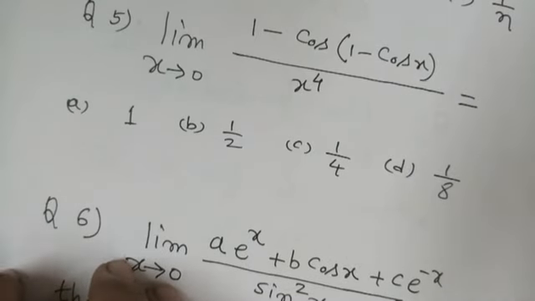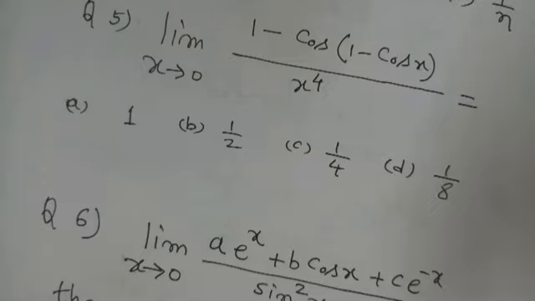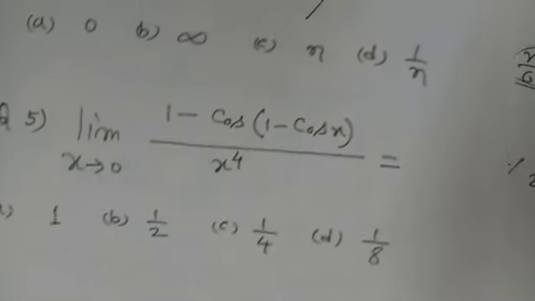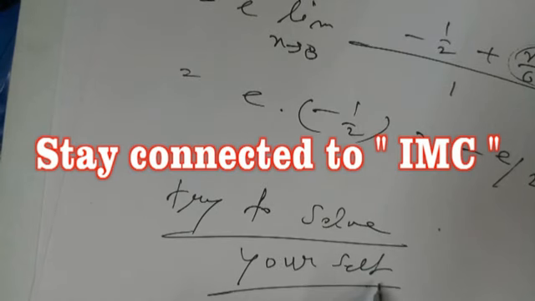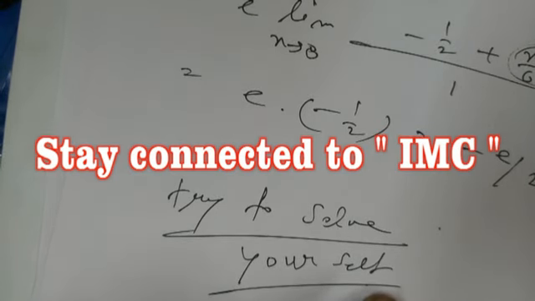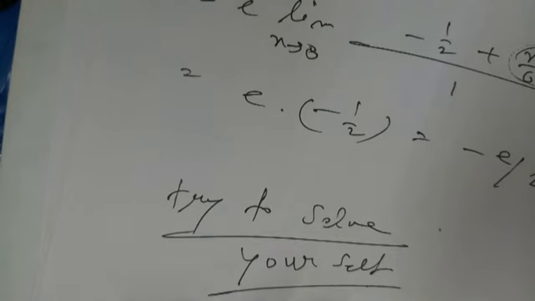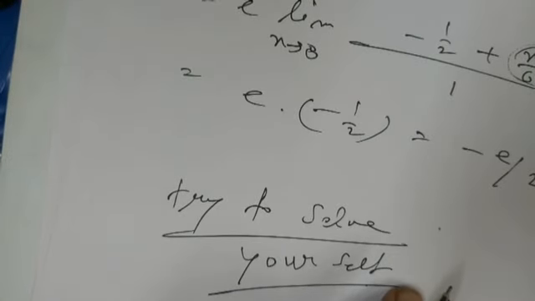This type of more important questions are coming. In the next video, the solution of all these questions. Already I have given work for your home as yourself. You will try. If a problem arises, I will give you the solution in the next video.